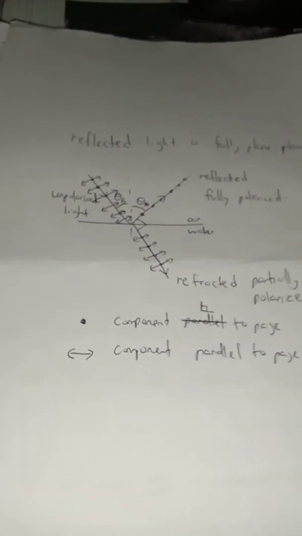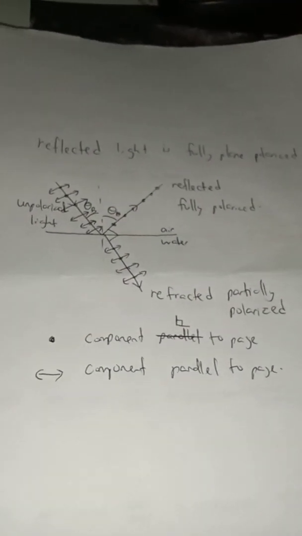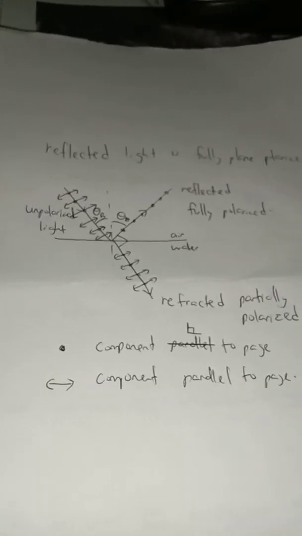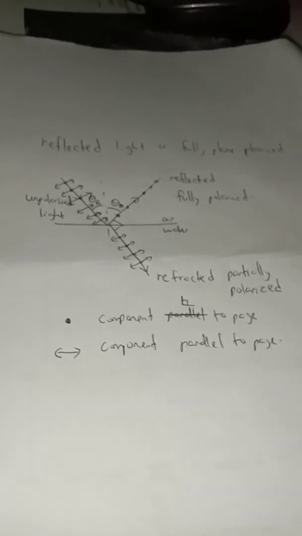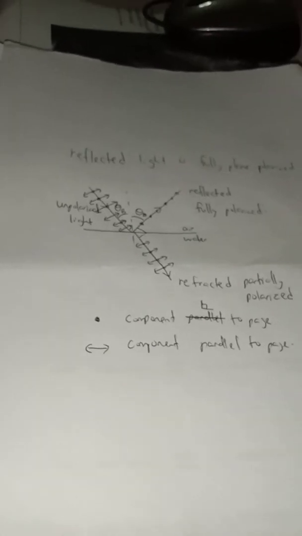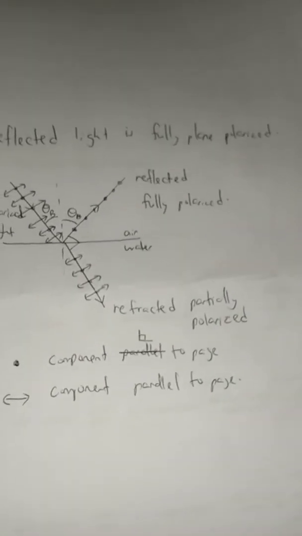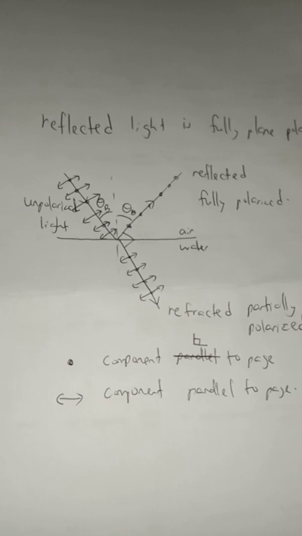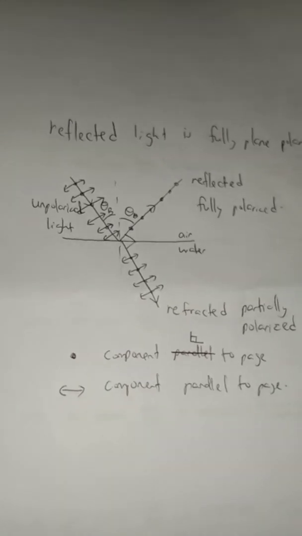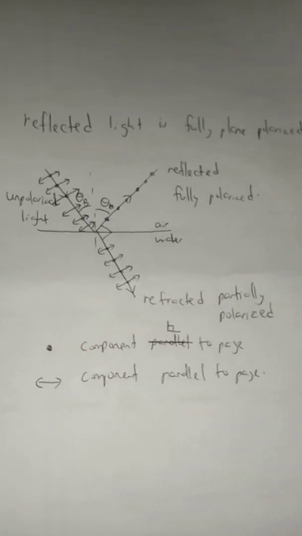Okay, so this is how we explain the characteristic of the reflected ray at Brewster's angle.